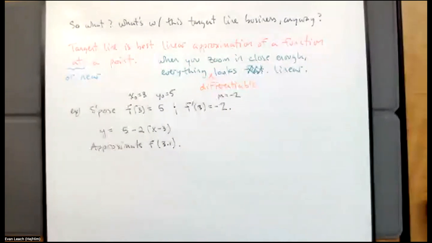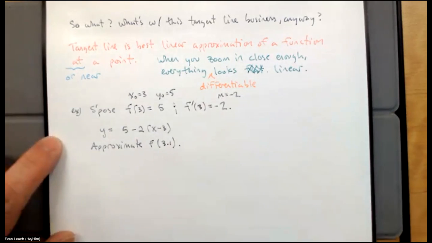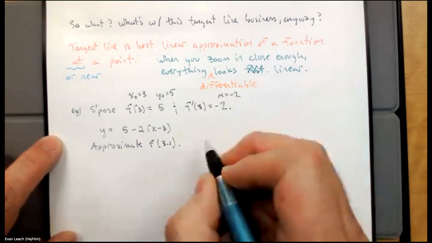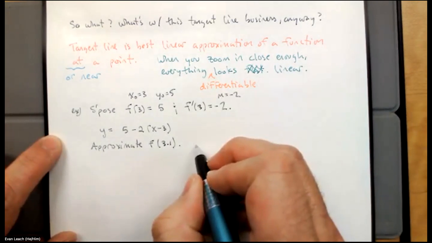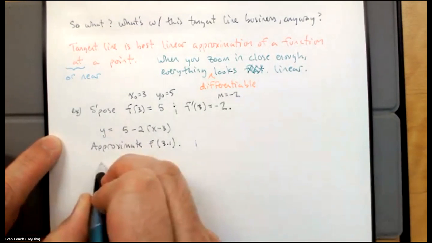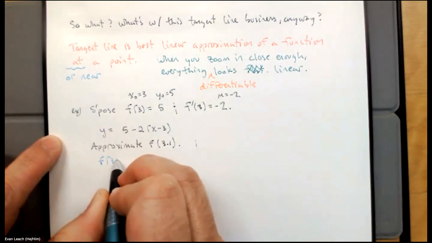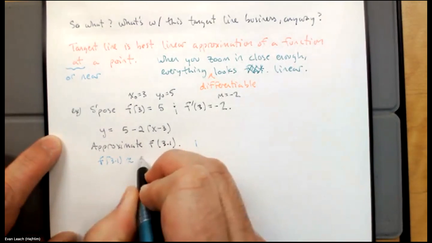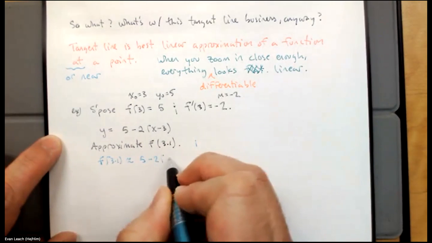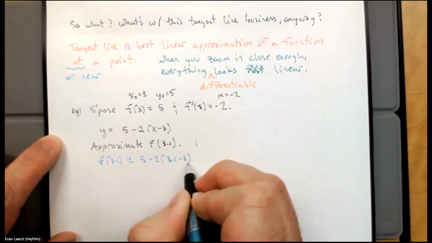If I wanted to approximate f of 3.1, I could think, well, 3.1 is pretty close to 3, and that's the best information that I have. So I'll just plug this into the tangent line. So f of 3.1 will be approximately 5 minus 2 times 3.1 minus 3.